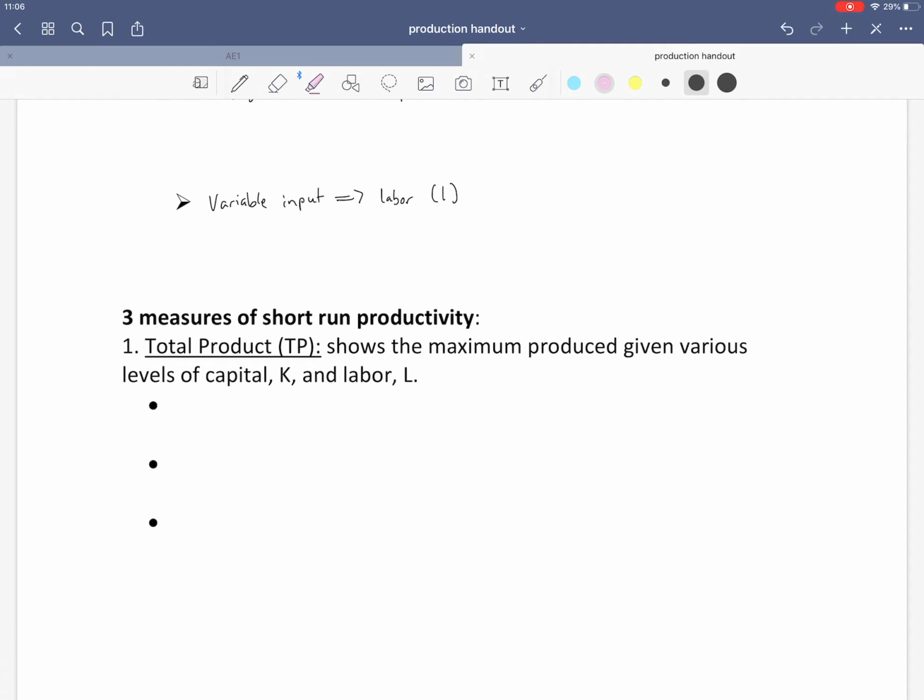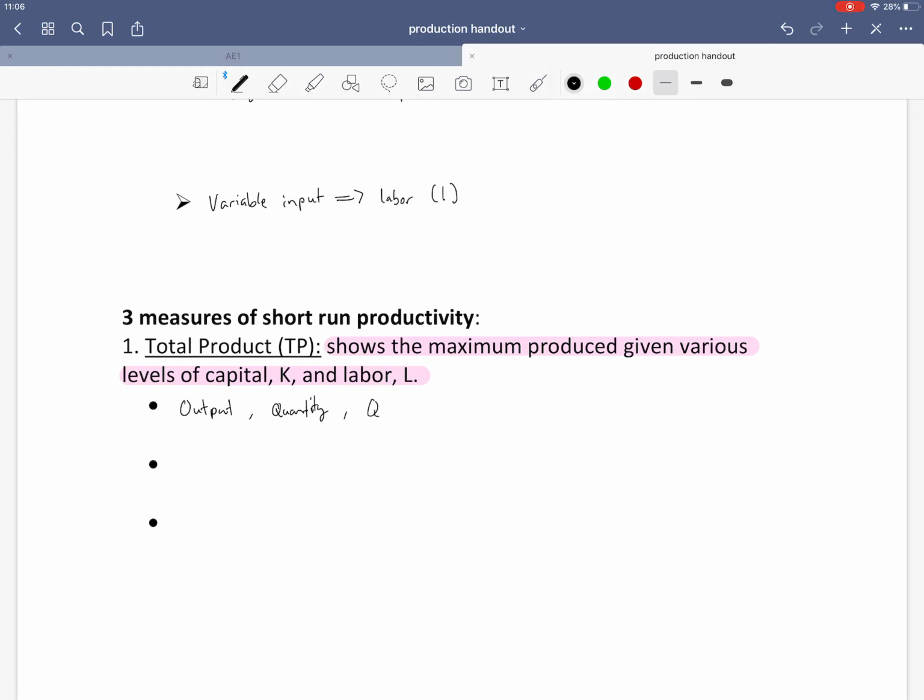Total product is going to show the maximum produced given various levels of capital, K, and our labor, L. So when we talk about our total product, this is the same as what we've been referring to previously as our output, or the quantity that's produced, which we've just been abbreviating as Q.